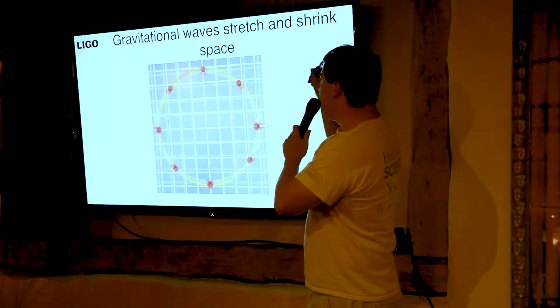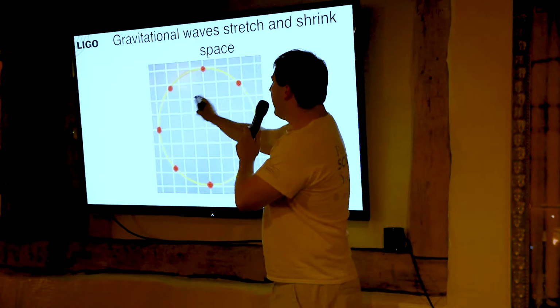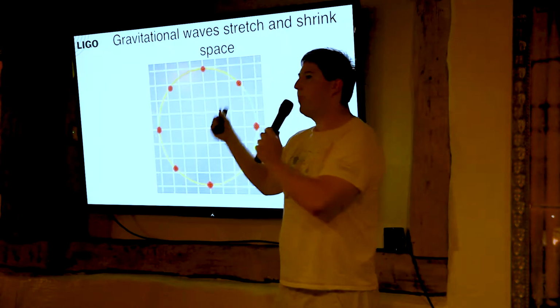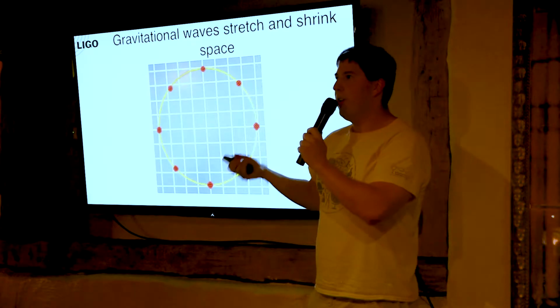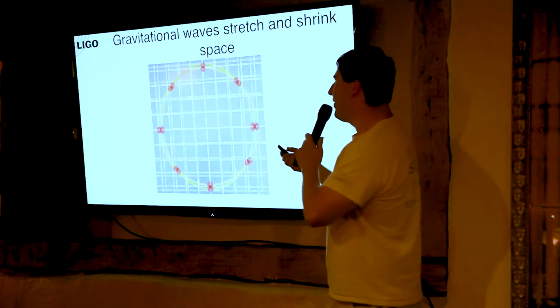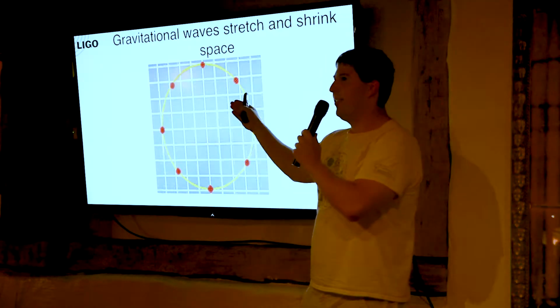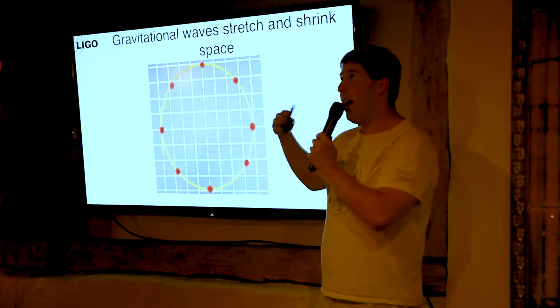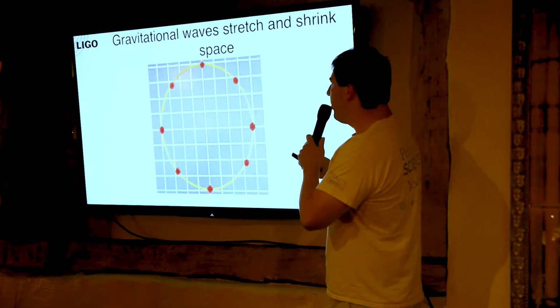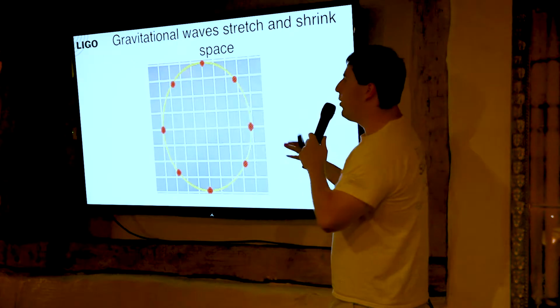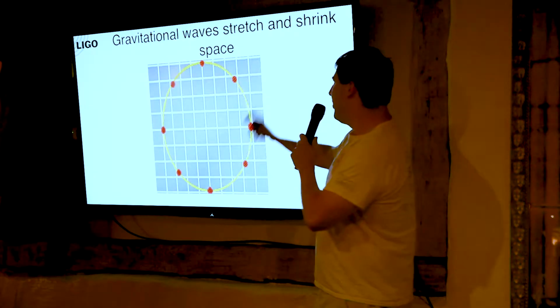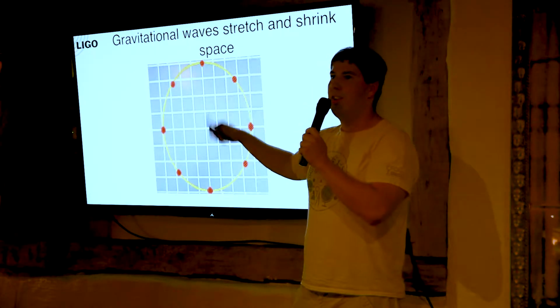The frequency, how often it does this, is kind of the characteristic parameter of a gravitational wave that LIGO detects. The faster that it oscillates, the higher the frequency. LIGO is detecting gravitational waves at around 200 hertz, so waves that are stretching and shrinking the screen 200 times a second.